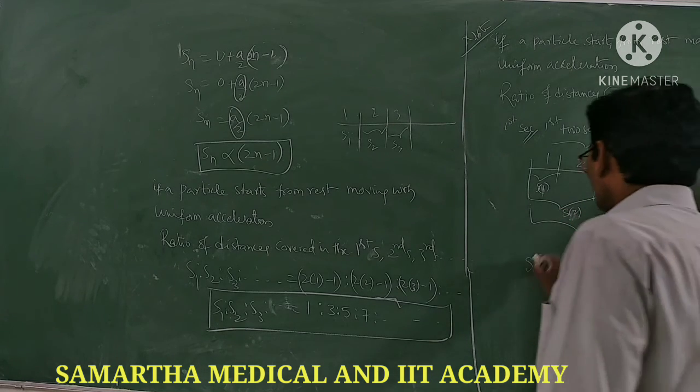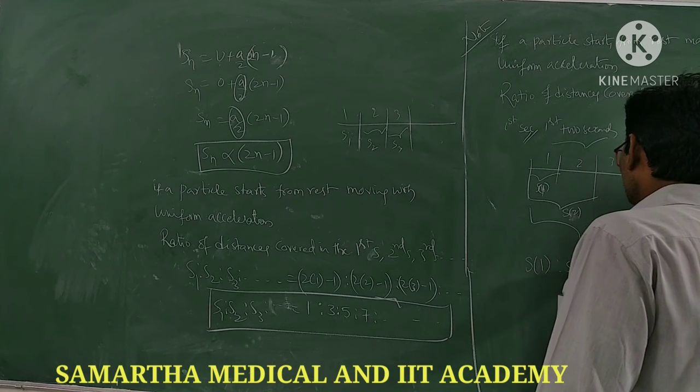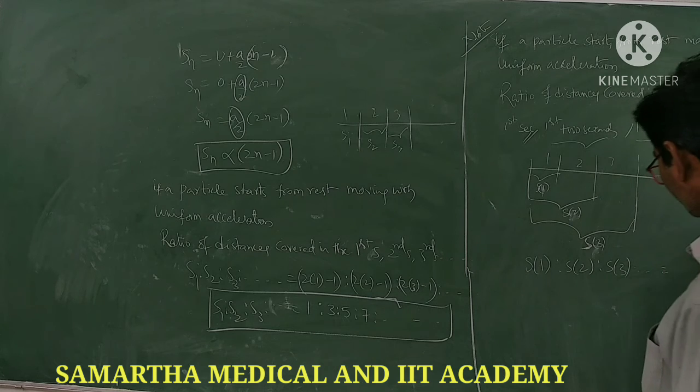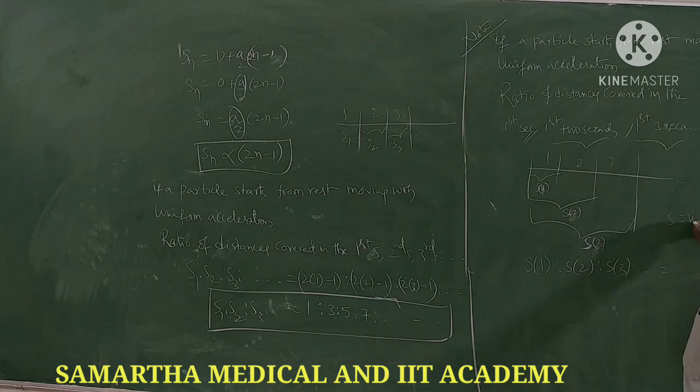So now S1 is to S2 is to S3 is to so on is equal to what? You know that S is equal to ut plus half a t square. From that only you got this. So u is 0, so this term becomes 0. And half a is also constant. S is directly proportional to t square. Okay, from this, 1 square is to 2 square is to 3 square is to so on. So that means you will get 1 is to 4 is to 9 is to 16 is to so on.